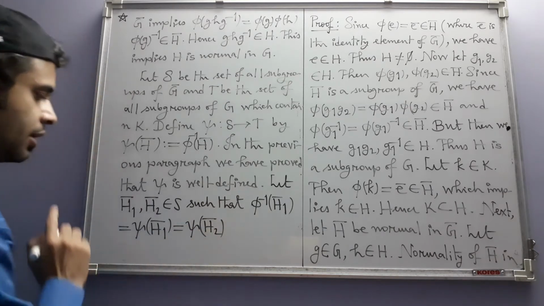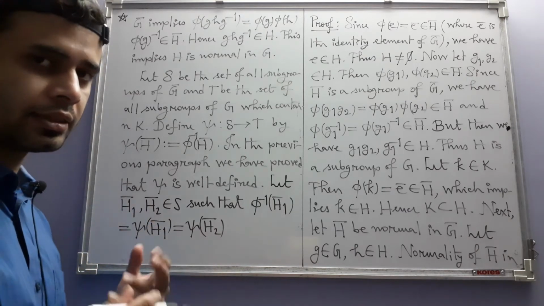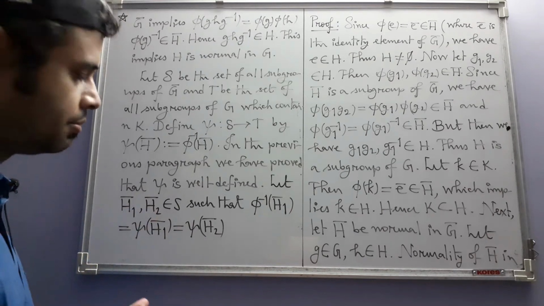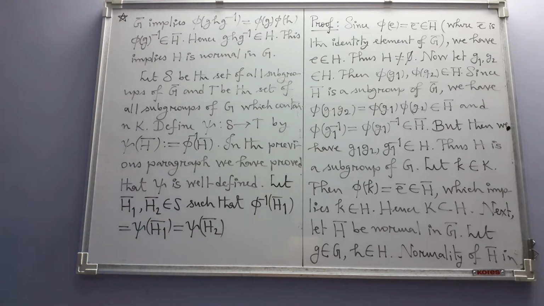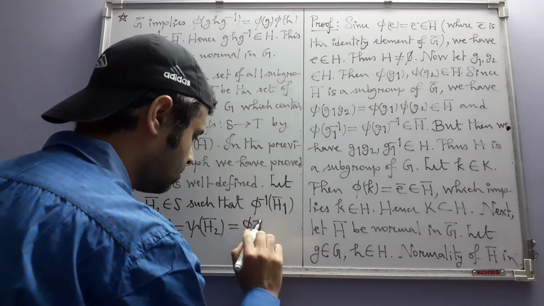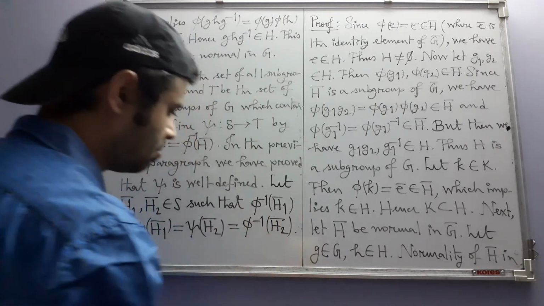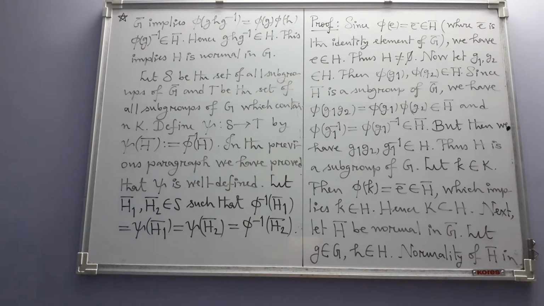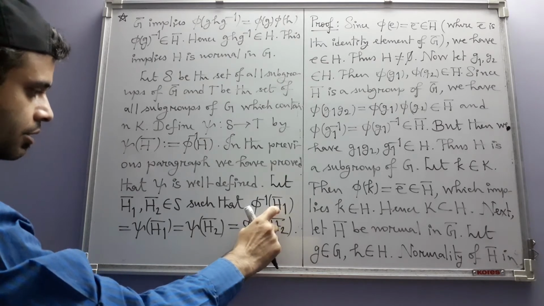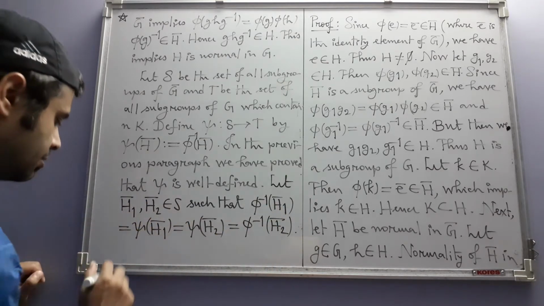So here we are assuming that the images of H1 bar and H2 bar under psi are the same. We have to prove that the inputs are also the same. That will show that the function is one-to-one or injective. So this is equal to phi inverse of H2 bar. Now our aim is to show that this is contained in this, and also this is contained in this.